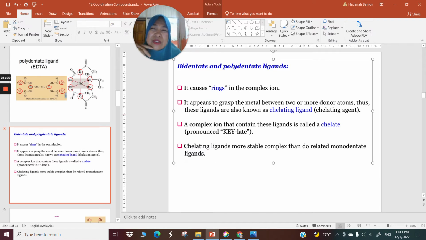So any ligand that can bite at more than one point, either two points, you call it as a chelating ligand. Chelating, or pincering, claw. The complex ion that contains these polydentate ligands is called a chelate. Yeah, chelate. Chelate ligands make complexes more stable.